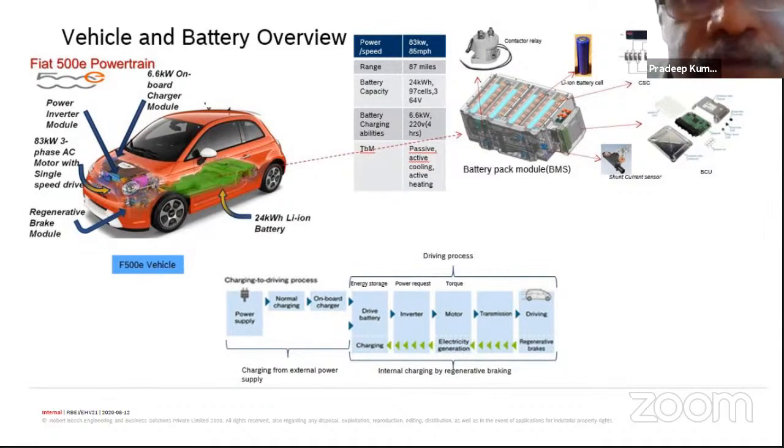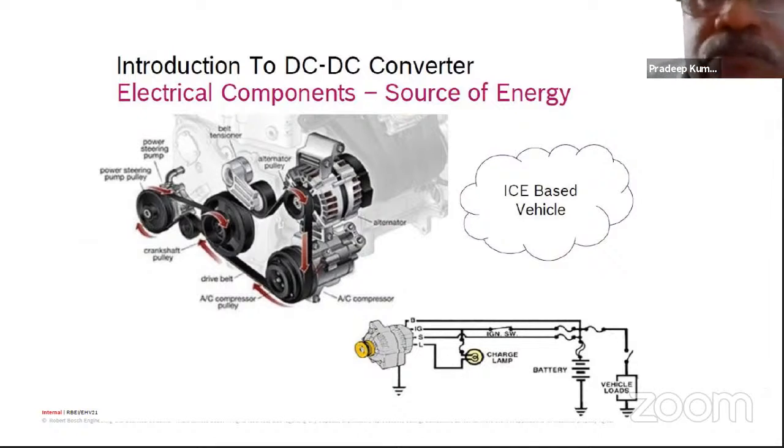See, one of the most important reasons, and I will also talk about the challenges. One of the most important reasons for going for electric vehicles, as you know, is the CO2 emission coming from any carbon based fossil fuel.